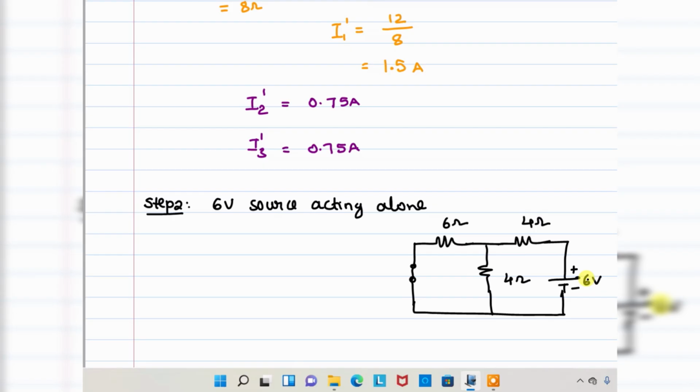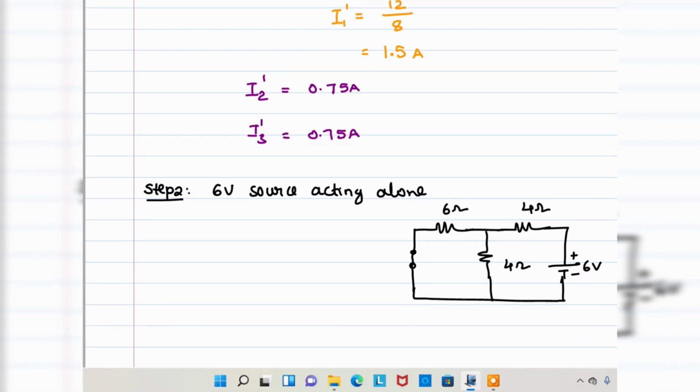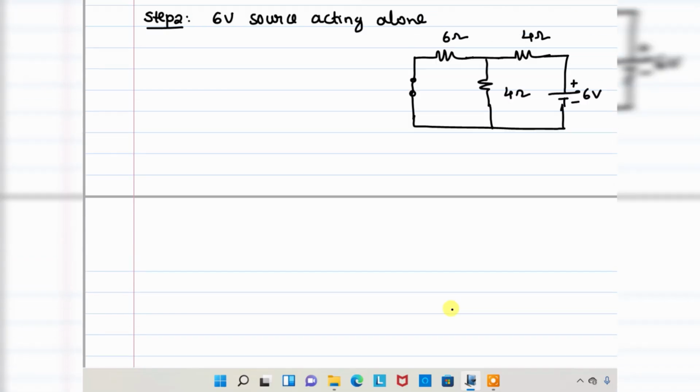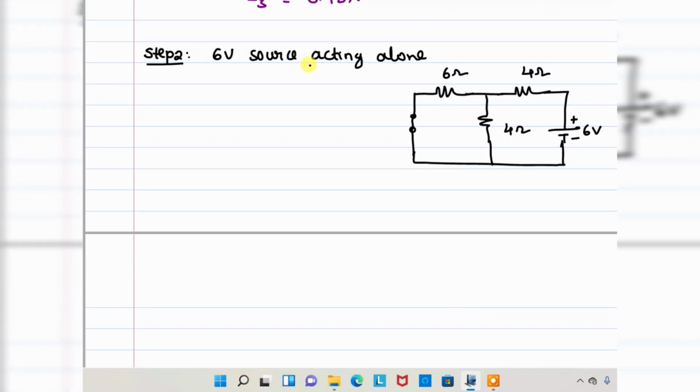This is the equivalent circuit. Now see here, this current I2 double prime, this current I1 double prime, this current I3 double prime. How may I know? Because of this plus sign, the current will be delivered from this side, and the current will be divided into two, because there is no voltage source in this case.